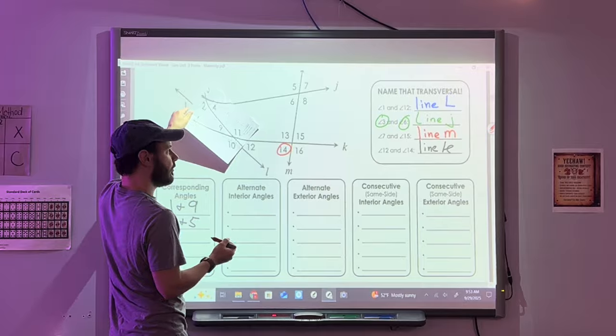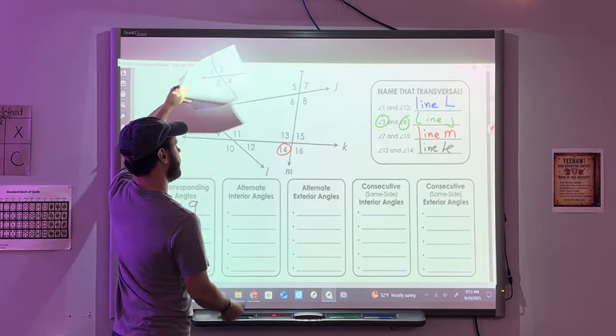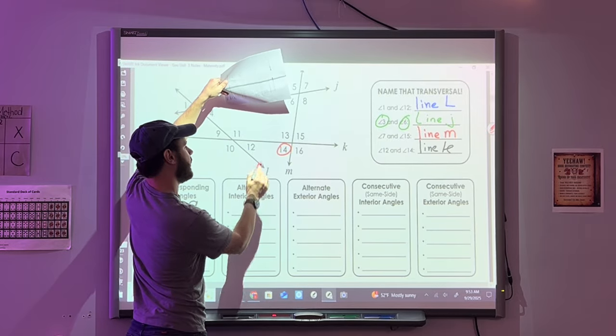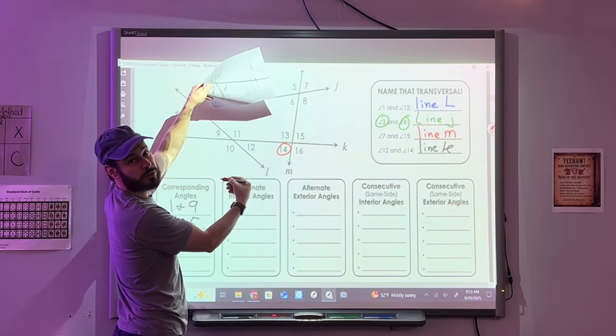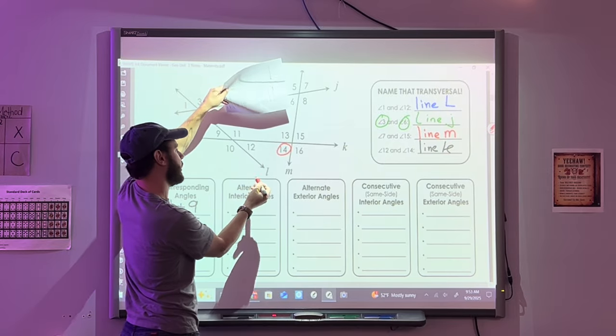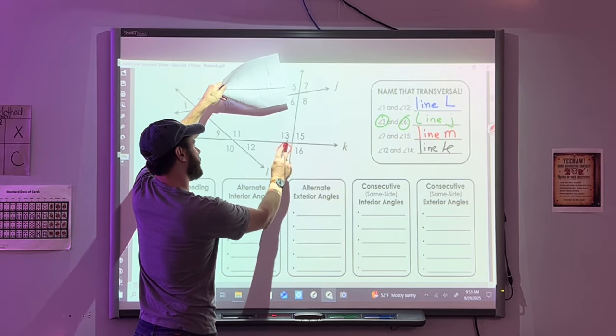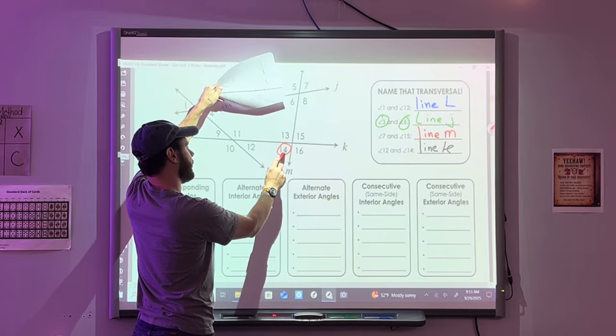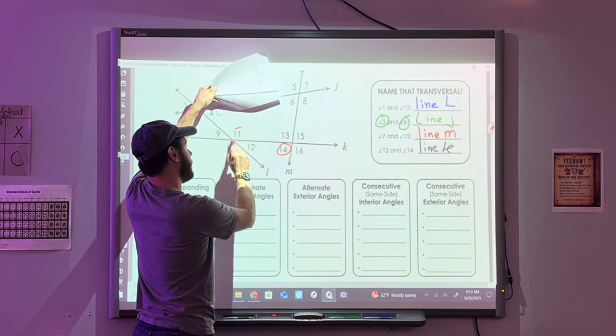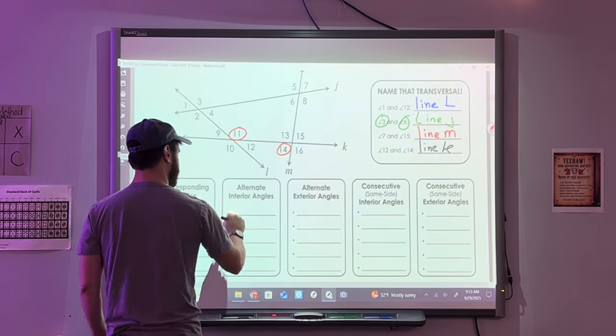So that one won't work for me. But if I cross the top off and only focus on the bottom, now my inside becomes here. So that is the tricky part. Your inside and your outside will change depending on how you're looking at the problem. So my inside is here. My outside of the hamburger is out here. Alternate means opposite side. So 11 and 14.